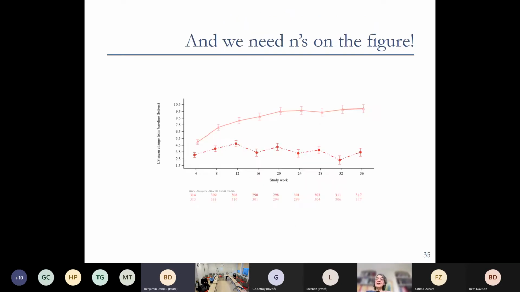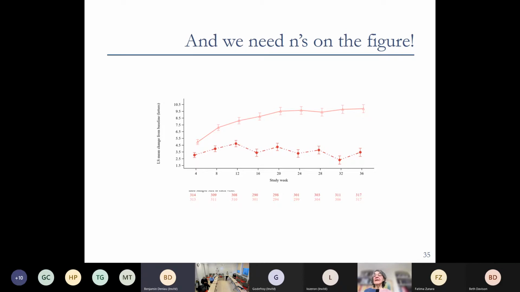And this is actually visual acuity, and the x-axis is time, the y-axis is the difference in letters read compared to baseline. And you'll see a very strong difference between the two groups.